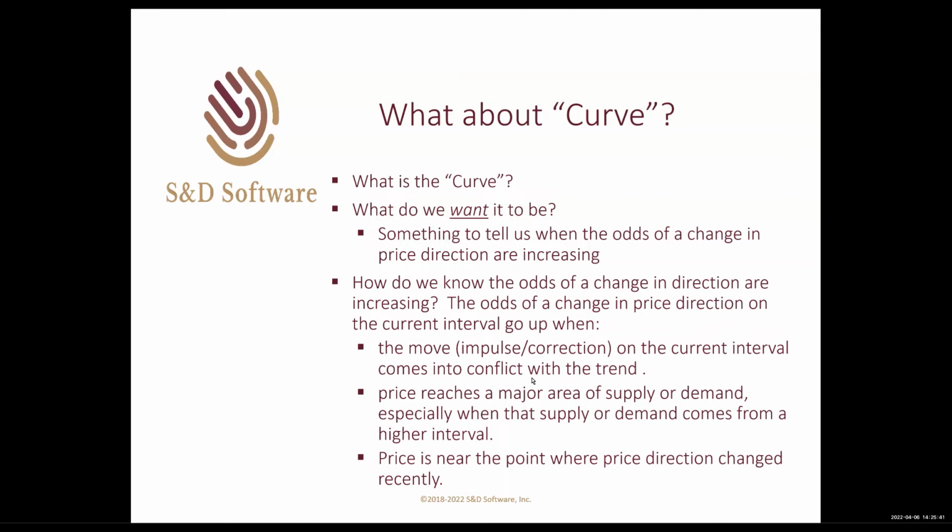So since the trend is your friend until the bend at the end, the most likely thing to happen is for the trend to continue, which means that the odds of price changing direction go up as our corrective move starts to get close to breaking the pattern for the trend.